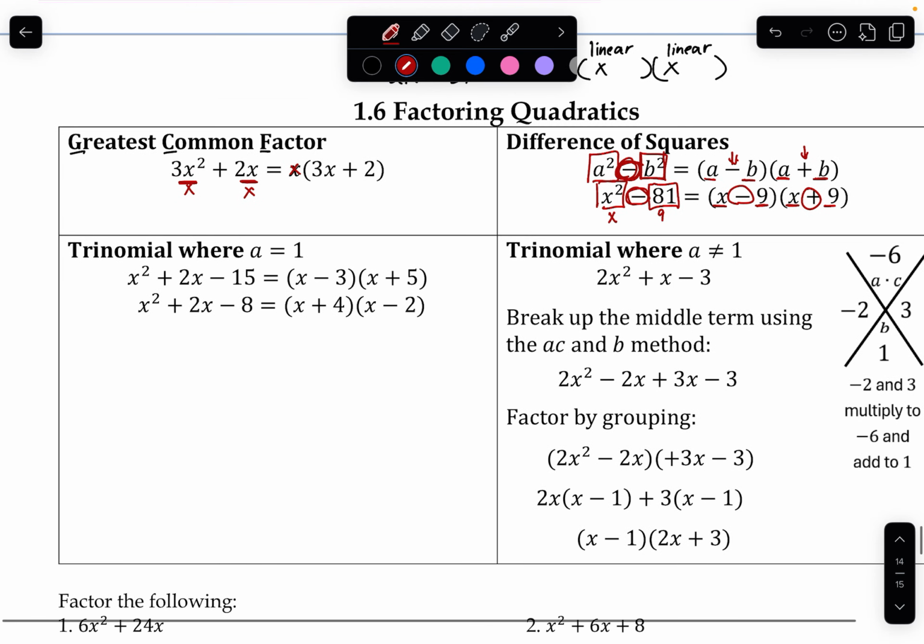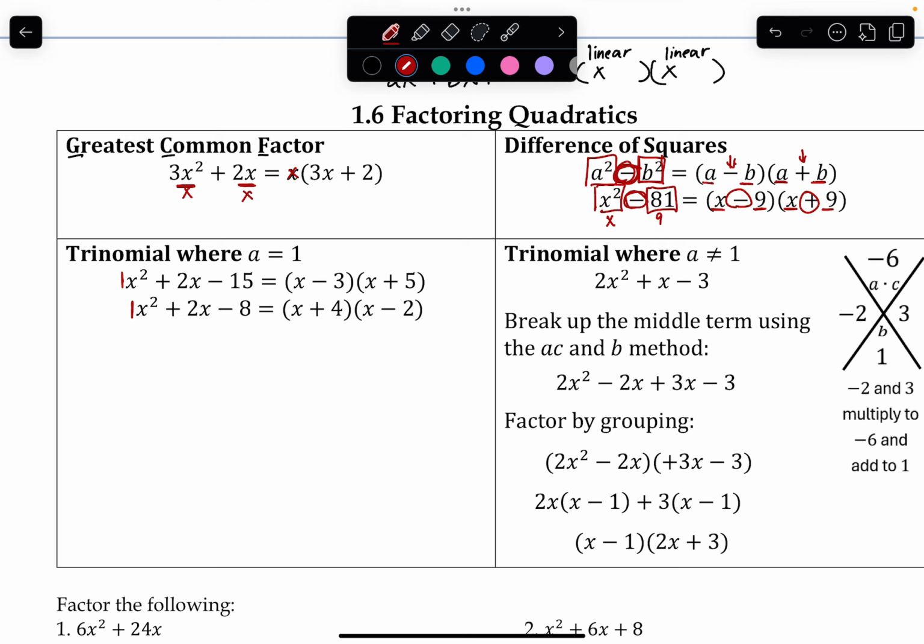When we are factoring and a equals 1, you can guess and check fairly easily. You're basically looking for two numbers that multiply to this constant term c, but add to the middle number b. For example, I would need two numbers that multiply to negative 15, but add to the center number 2. Those numbers are 5 and negative 3.